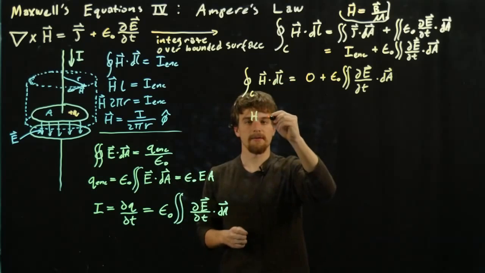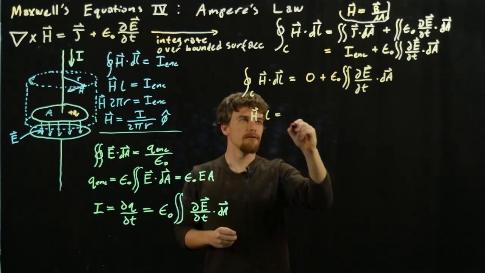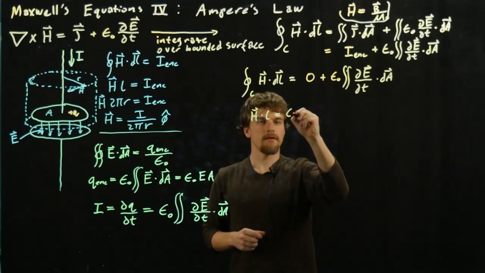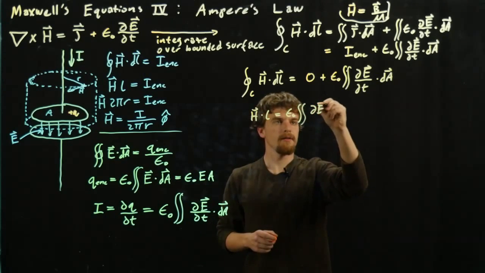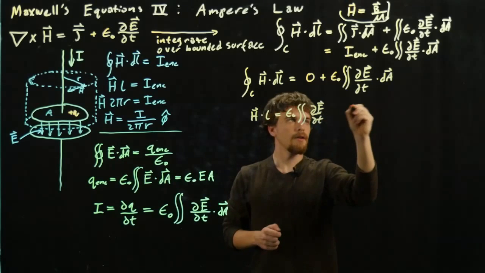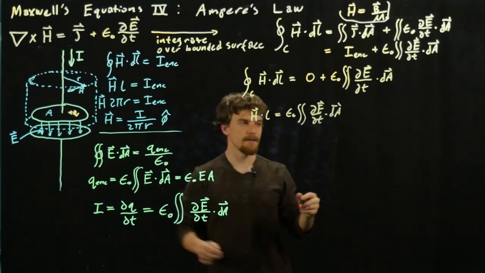and we have symmetry, so we can say this is H times L is equal to epsilon naught times the time derivative of our electric field, and that is equal to I, right?